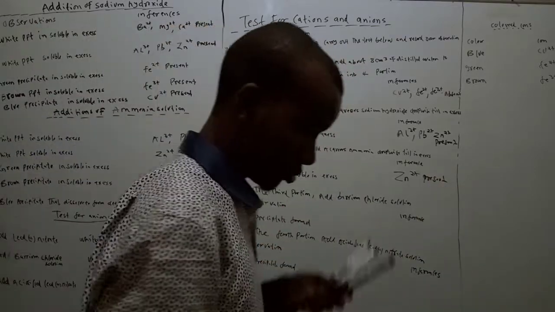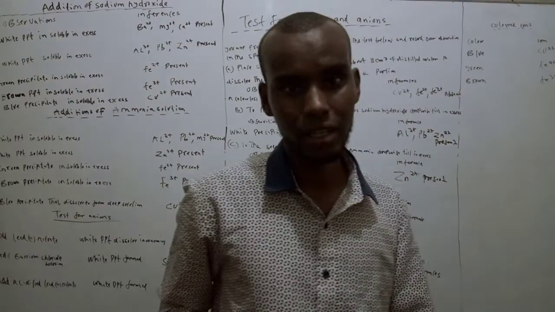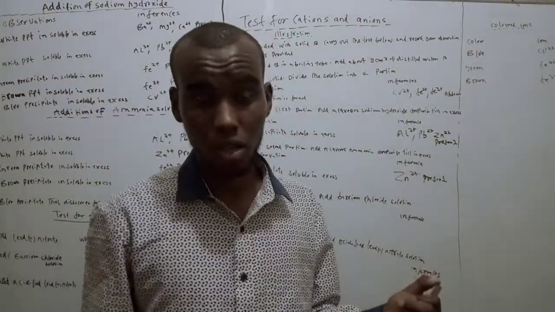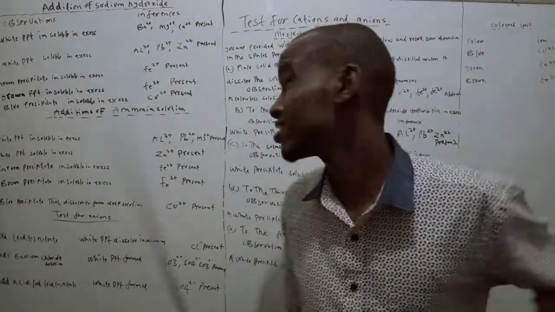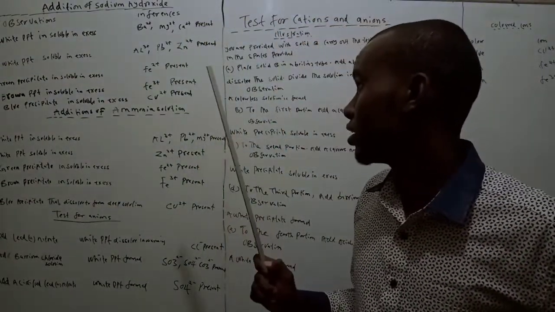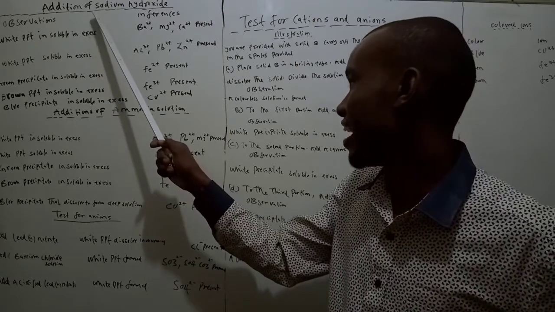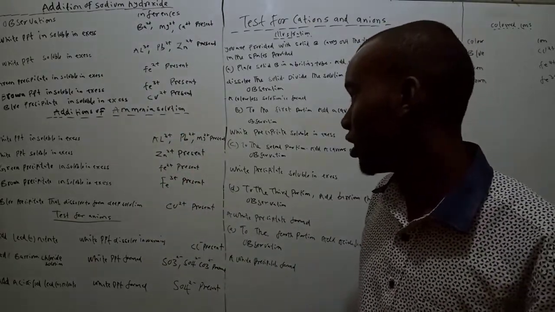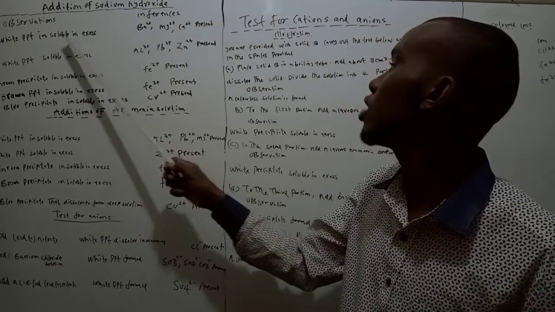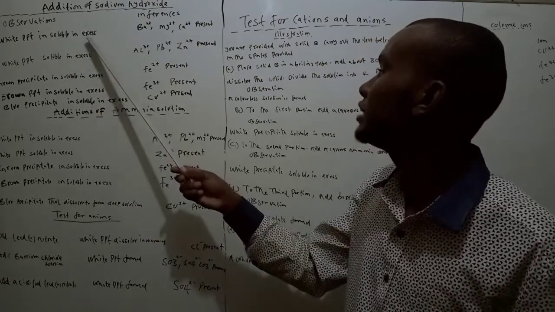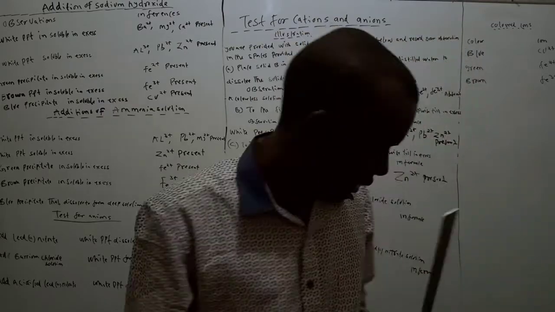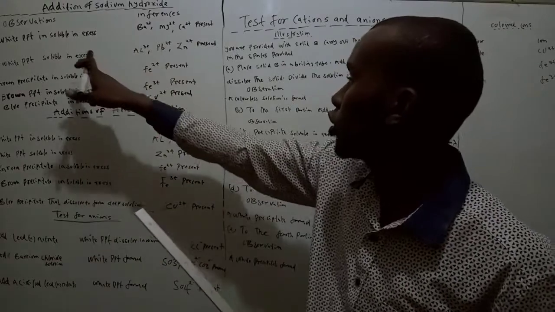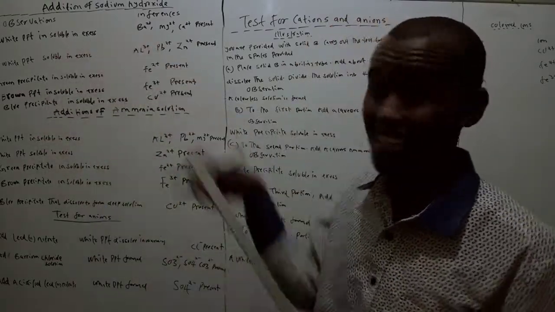Before I go to the third portion, before I go to the anions, there may be some instances. You may find, let's say like this, that we are using sodium hydroxide and we are told the white precipitate is soluble in excess.